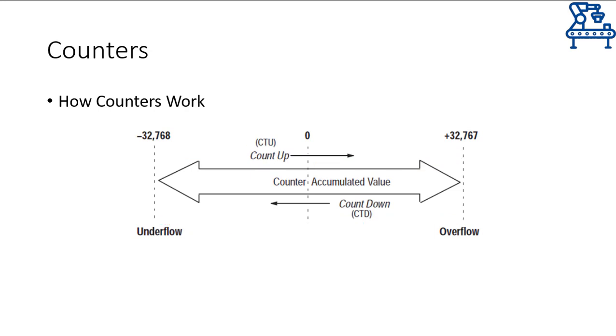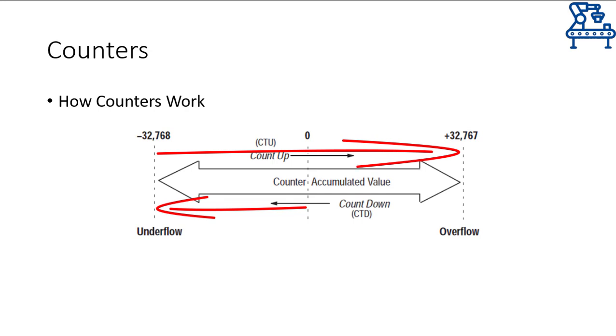On the contrary, the count down counter will start counting from 0 and will decrement its count in the accumulator by 1 whenever a false to true transition of run conditions is detected. Now, if the accumulator content reaches negative 32,768 and one more false to true transition is detected, the accumulator content will wrap up to 32,767, and the underflow bit, that is bit 11 of the word 0, will be set.